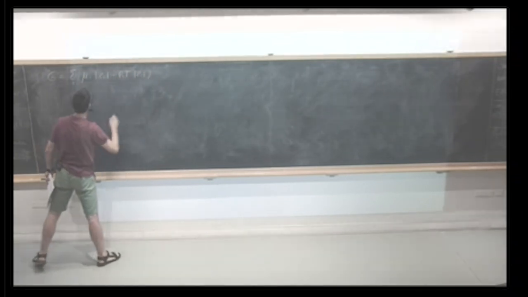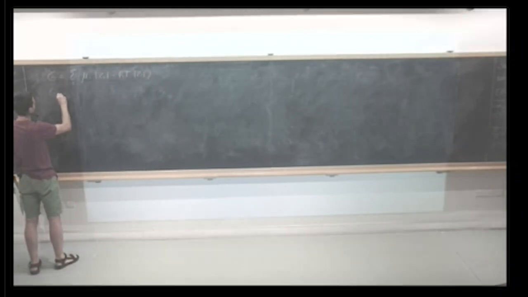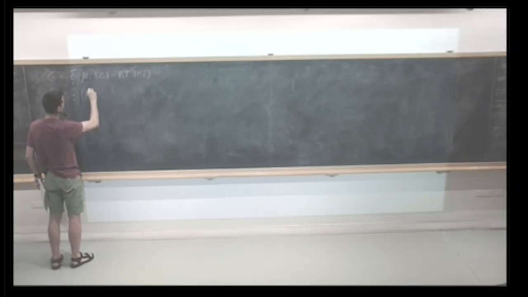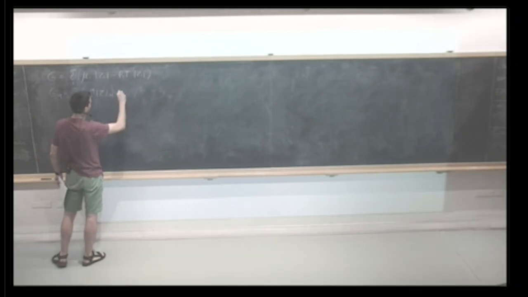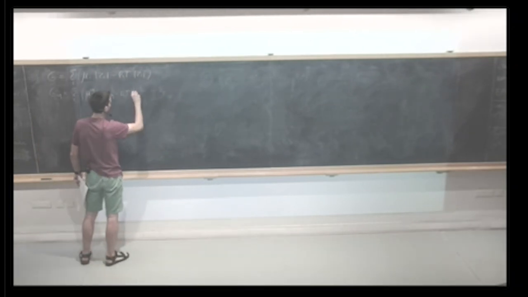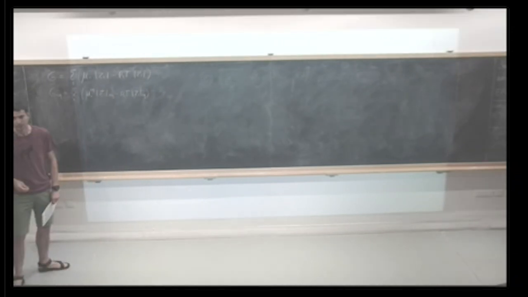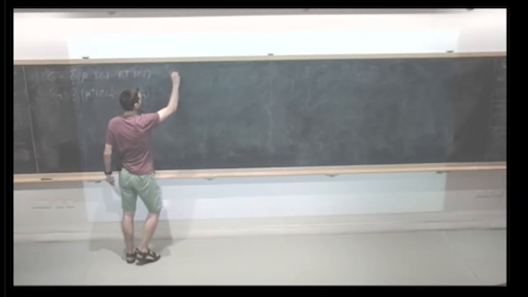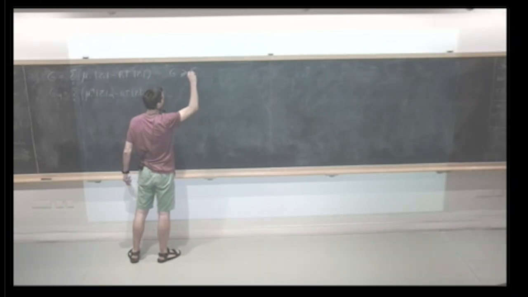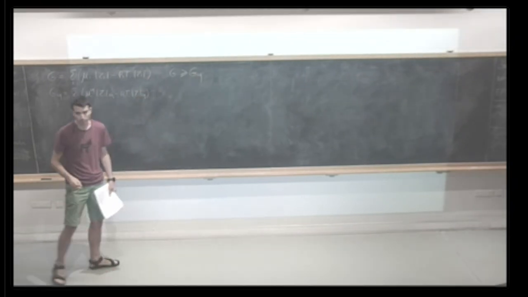And the equilibrium version is just G at equilibrium, the same, but we evaluated the chemical potentials as well as the concentrations at equilibrium. All right? Now imagine your system is closed, all right? We want to show that in the end, G is always bounded below by G equilibrium.